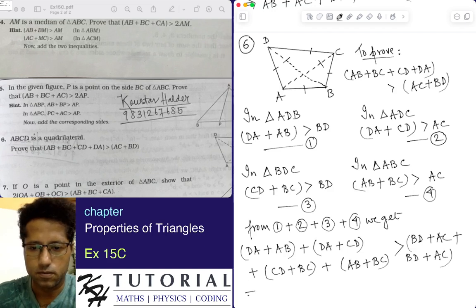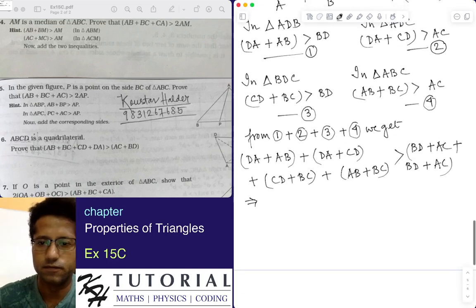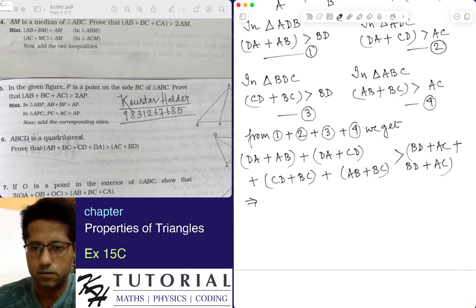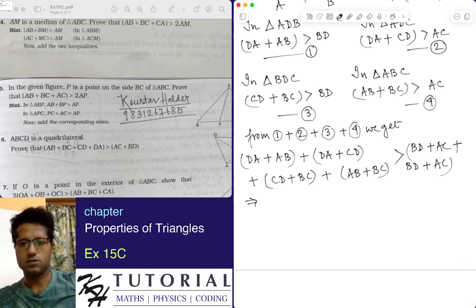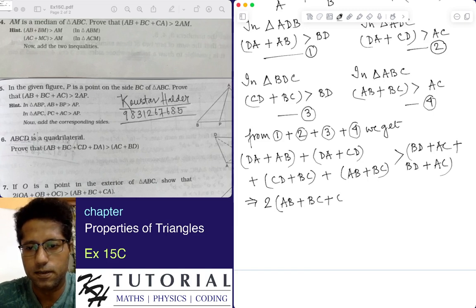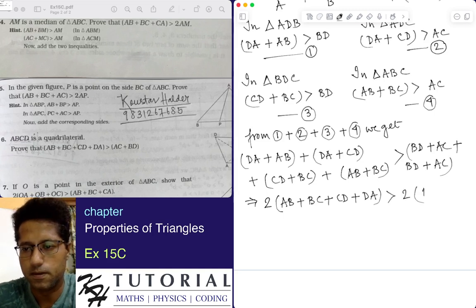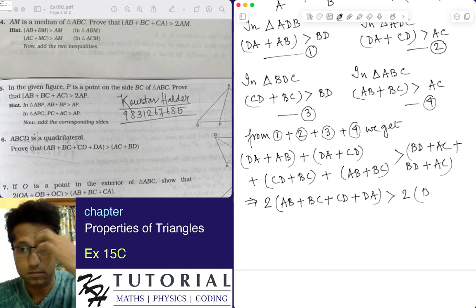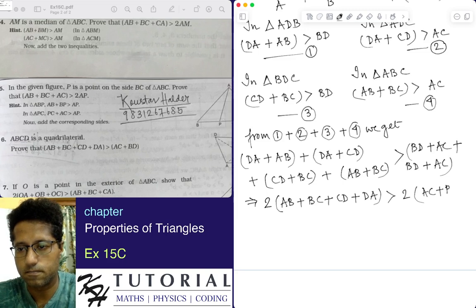Now if you simplify, on the left hand side we have DA 2 times, AB 2 times, CD 2 times and BC 2 times. So we will have 2 times AB plus BC plus CD plus DA is greater than 2 times AC plus BD.